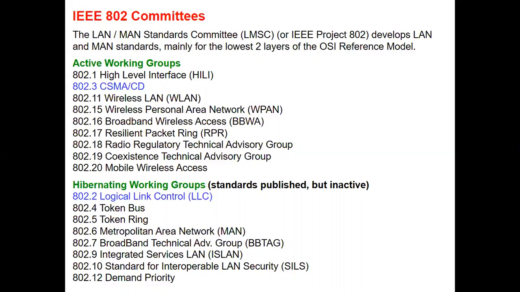A personal area network is that network you create where you can connect your printer to the phone to the laptop. Maybe you can connect the TV, or maybe the home theater, that kind of connection. What technology is used?